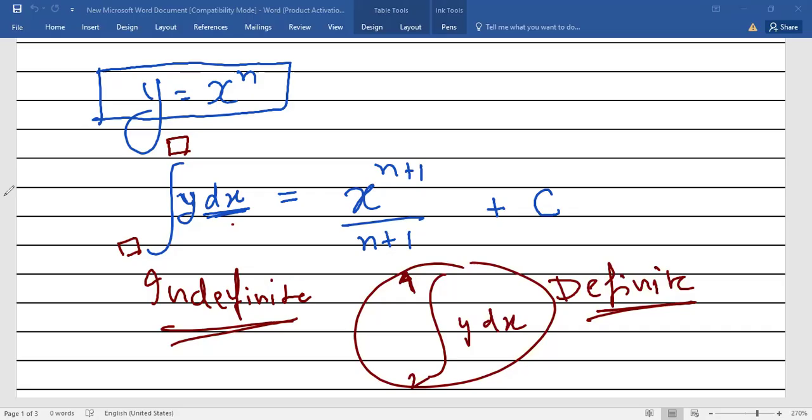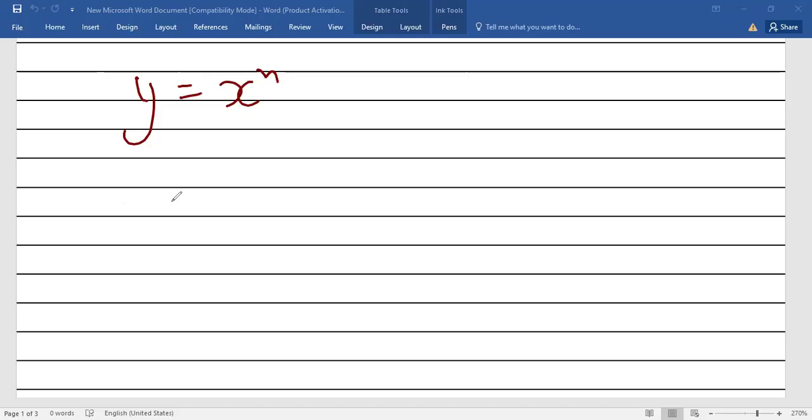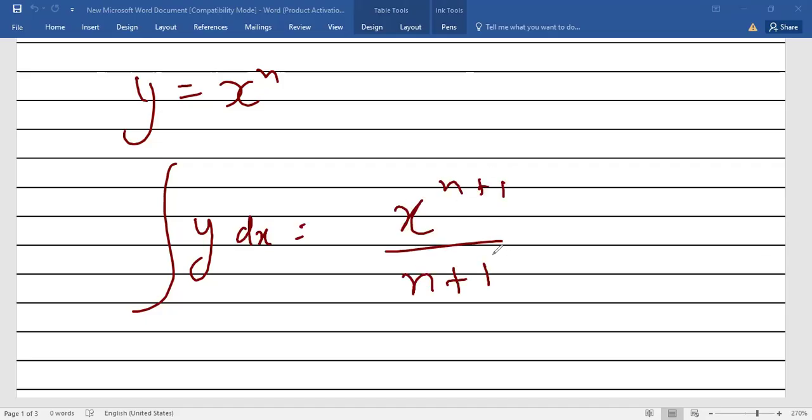So in a nutshell, if we have y is equal to x to the power n and we want to integrate y with respect to x, we have to write x to the power n plus 1 over n plus 1. Example: if y is equal to x to the power 4, what will be the integration of y with respect to x?